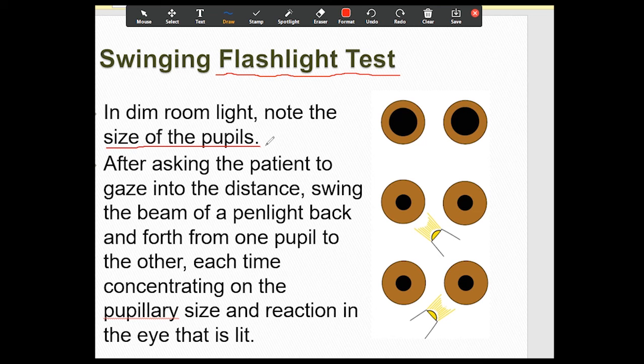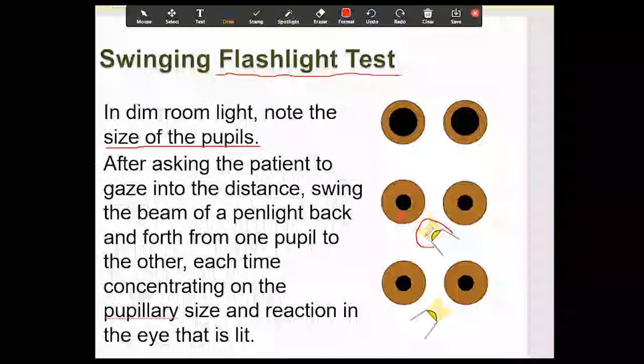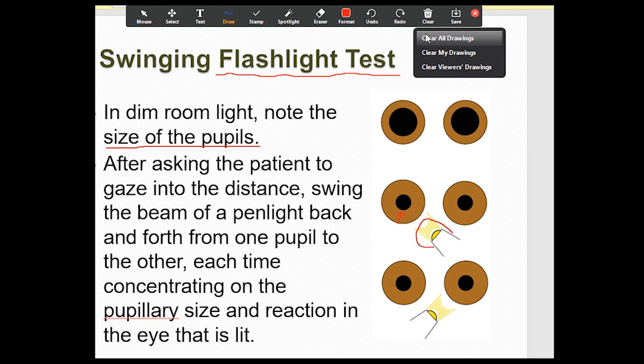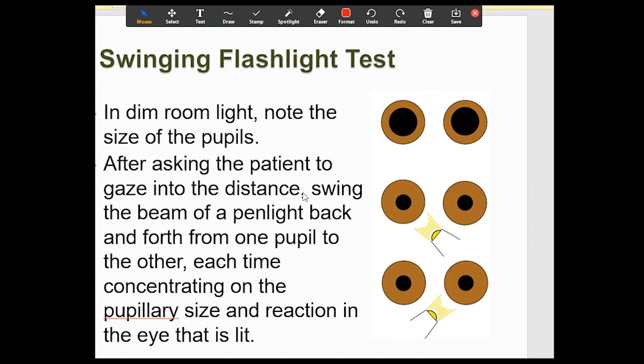Too much light, they will be smaller; too dark, they will be bigger. So that's the normal reaction. In a dark room, when we use a small light close to the eyes, the pupil will change from bigger to smaller. That's the normal reaction, and we can test the two eyes one by one.